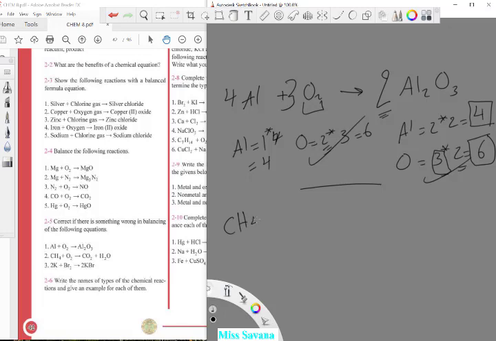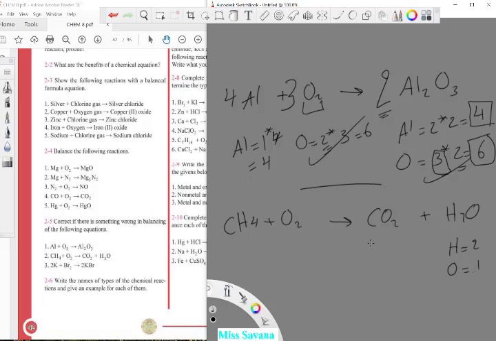CH4 and O2, and you have CO2 plus H2O. Now in here it's a little bit more complicated because it's interacting between each other. So let's see what can we do. Now the hydrogen here is 2 and the oxygen here is 1.